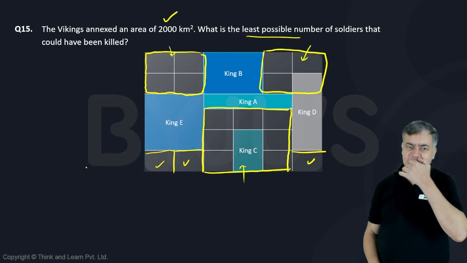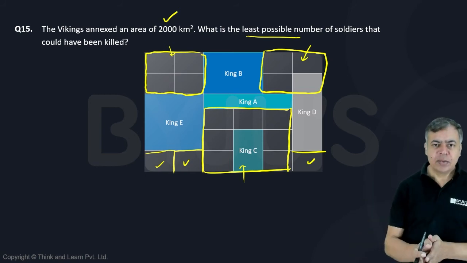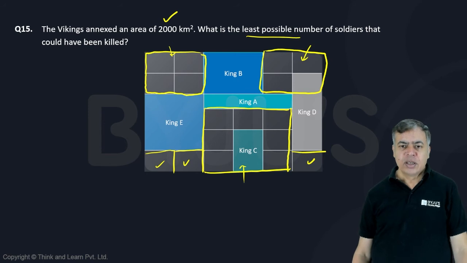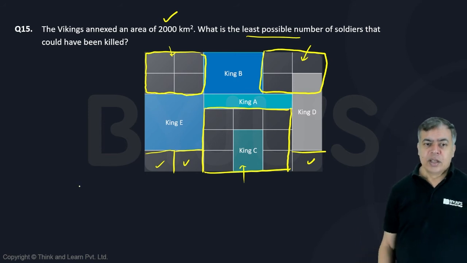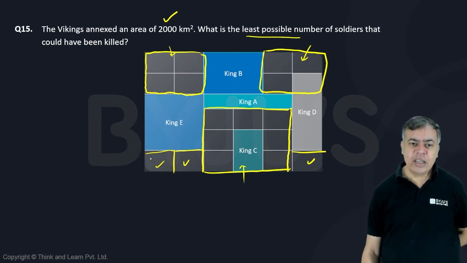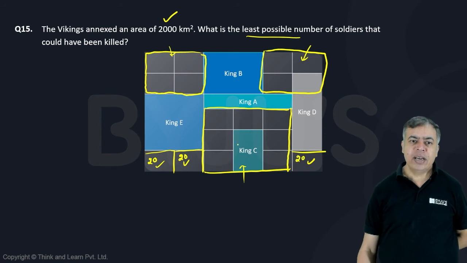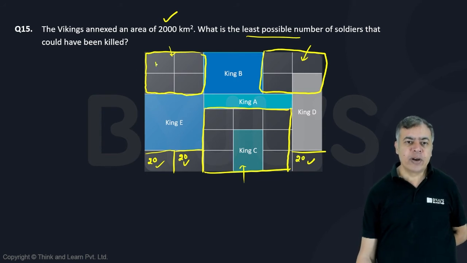I think this will be okay, minimizing, because I have taken all the unoccupied, the complete unoccupied area, and minimizing this, right? Because this is a single square, here 20 soldiers will be killed. Single square, 20 soldiers will be killed, right? Here the rate will be 12.5, 12.5, so 12.5 into 4, so the total will be 50.